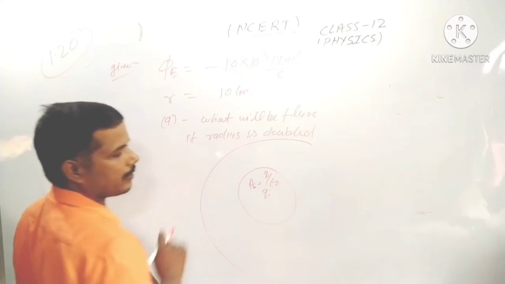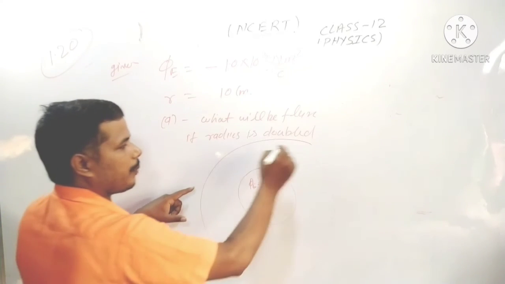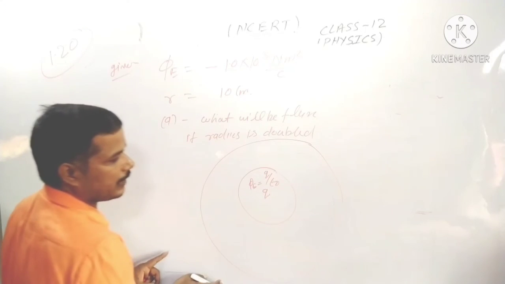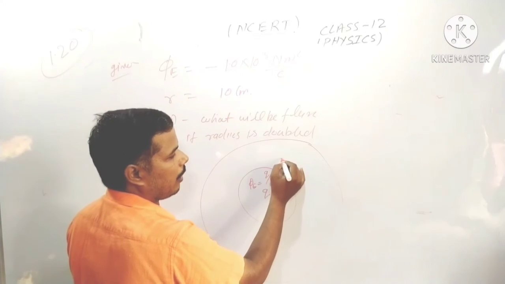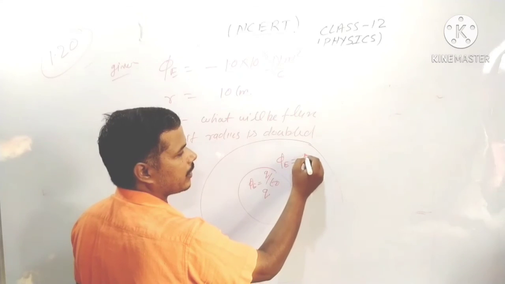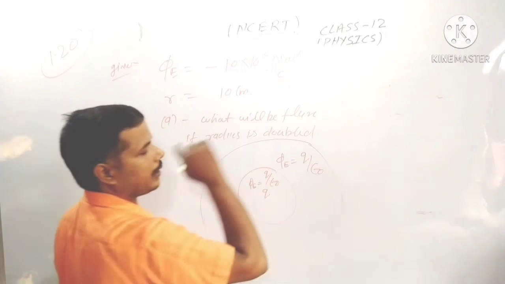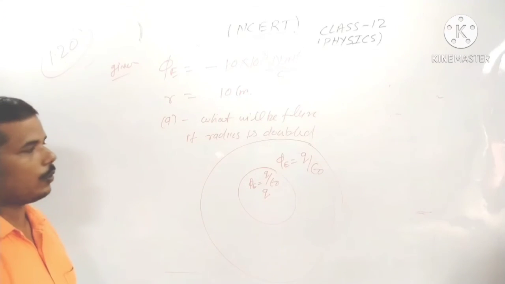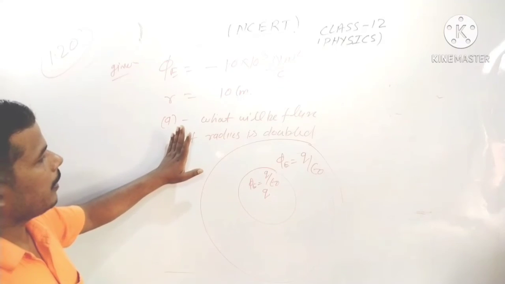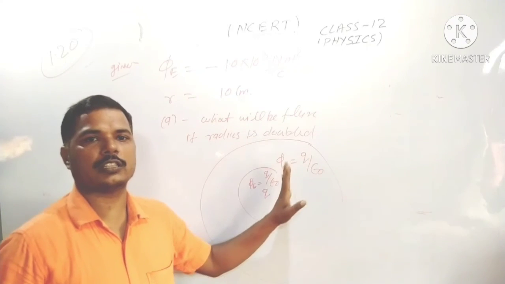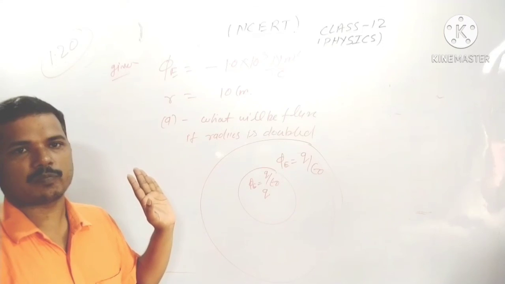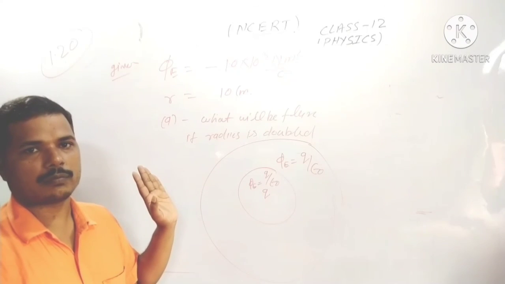Q बाई इप्सिलॉन नॉट. और अगर आपने इस स्फीयर की रेडियस को डबल कर दिया, अब भी इसके अंदर इनसाइड में चार्ज कितना है? Q ही है. तो अब भी इलेक्ट्रिक फ्लक्स फाई कितना होगा? Q बाई इप्सिलॉन नॉट. So what will be the answer? If we double the radius, there will be no change in flux.